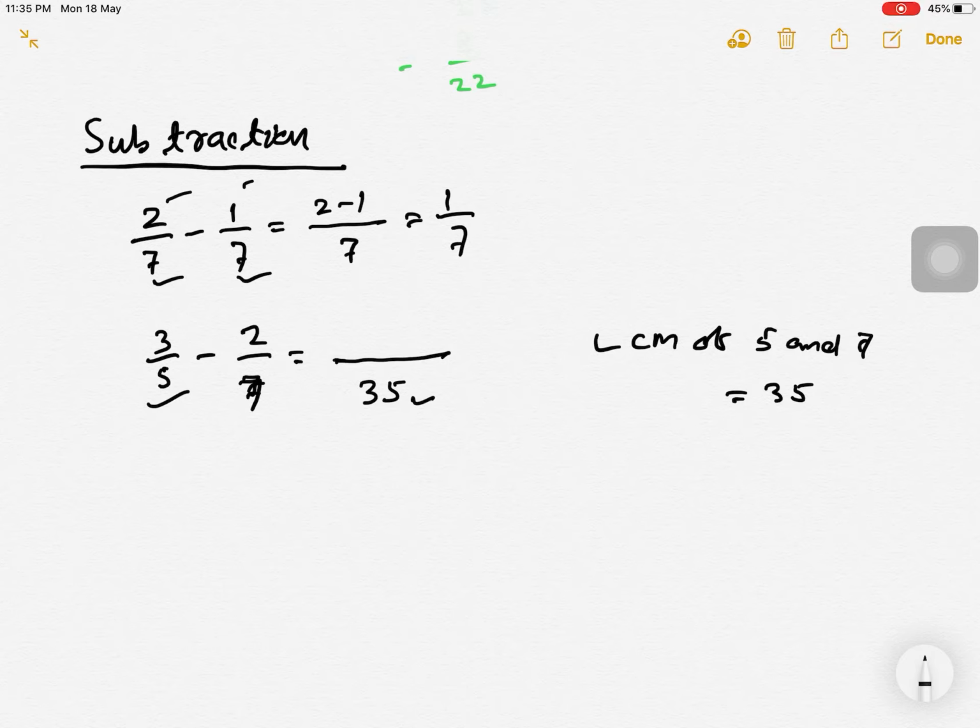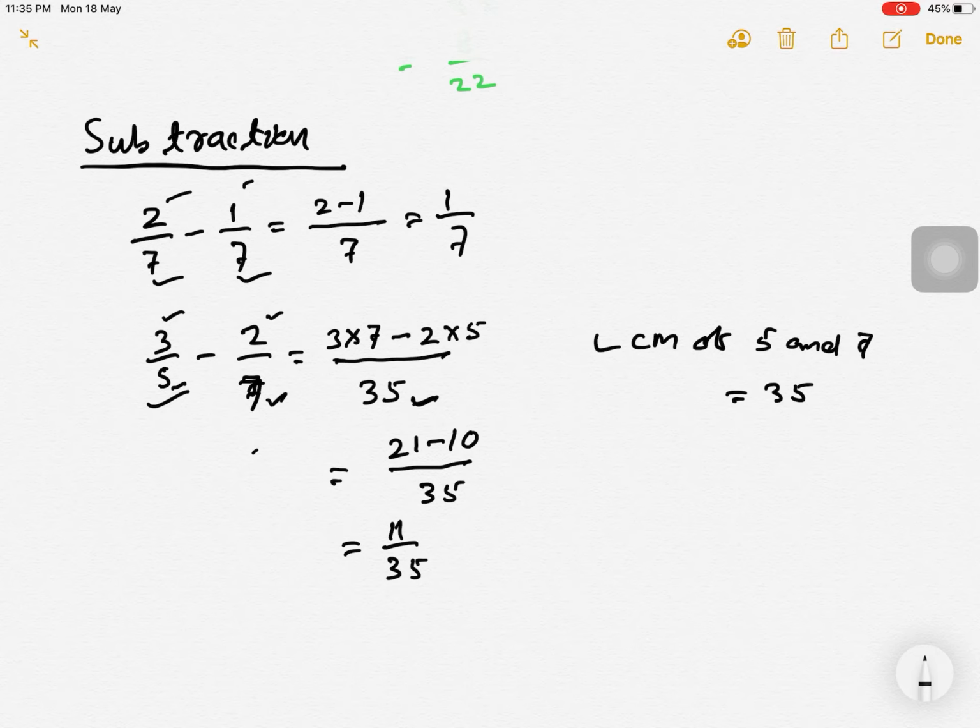So 35 divided by 5, it gives us 7. Then multiply it to the numerator. So 3 into 7. Now divide 35 by 7, we get 5. So then multiply it to the numerator. This gives 2 into 5. So this is equal to 21 minus 10 divided by 35, and it gives 11 by 35.